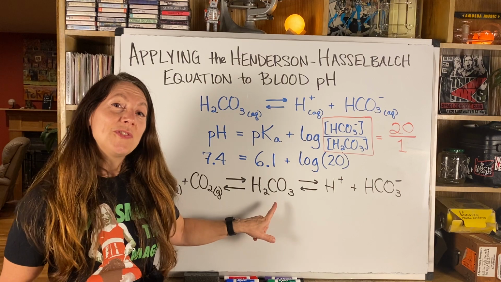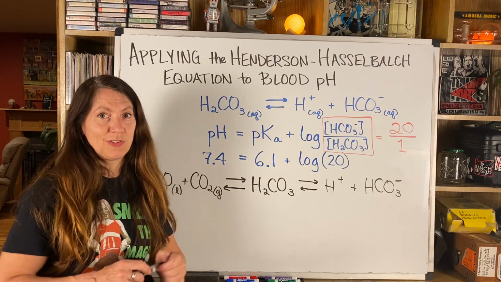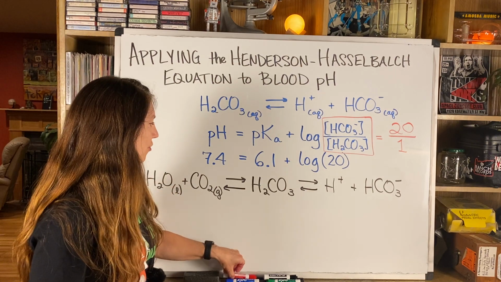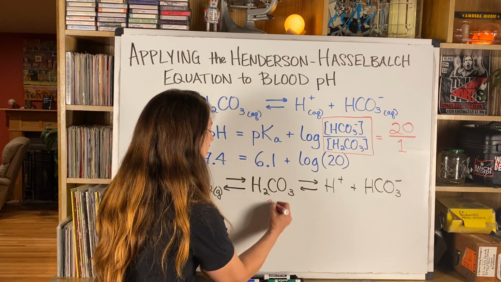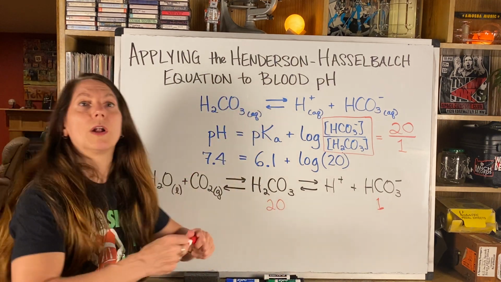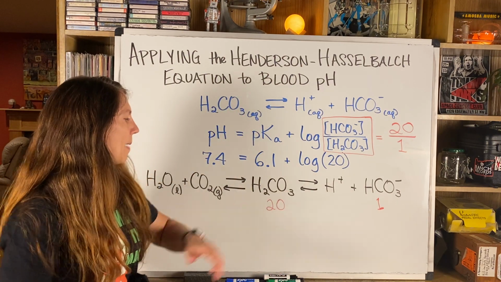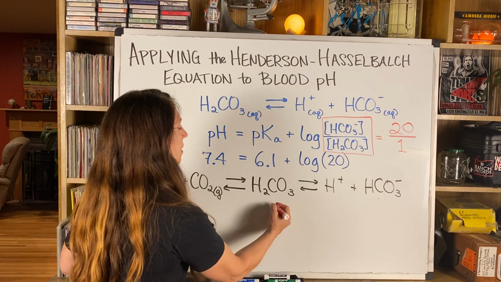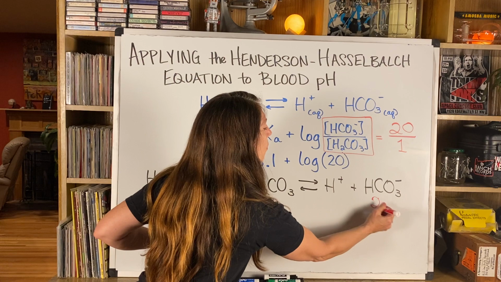Okay, so now let's think about this 20-to-1 ratio. This is where I was saying, all right, the ratio between this and this is 20-to-1. Oh wait, I wrote that backwards. Let me erase. Thank you. Okay, 20-to-1.